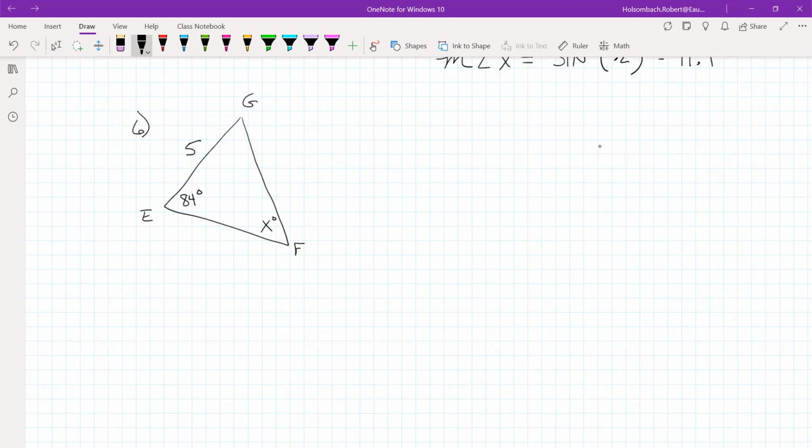Angle F is X degrees. And GF is 7. It's just repeating the same process. We're looking for an angle again, and we're using law of sines. So sine of X over its opposite side equals sine 84 over its opposite side. Crisscross multiply.